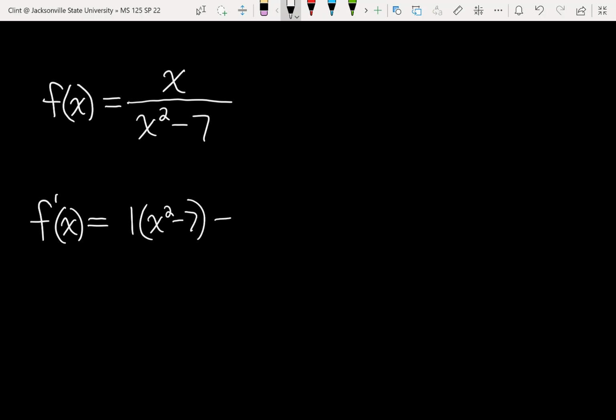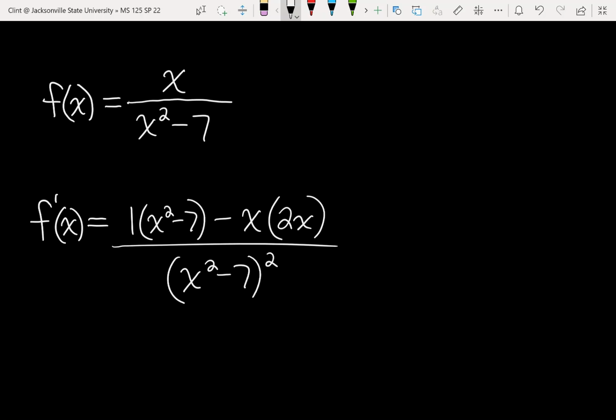minus the top times the derivative of the bottom, all over the bottom squared. And that would simplify some.